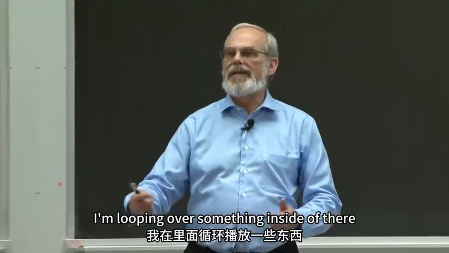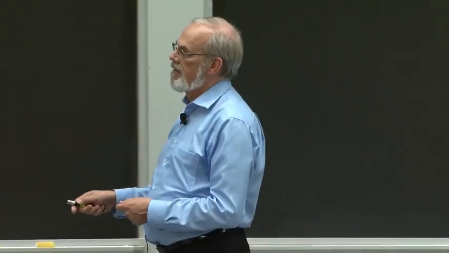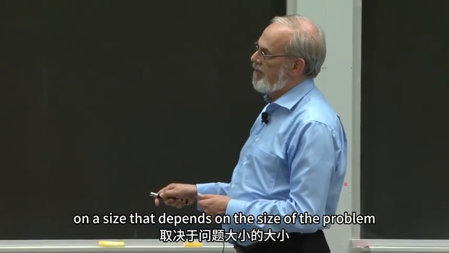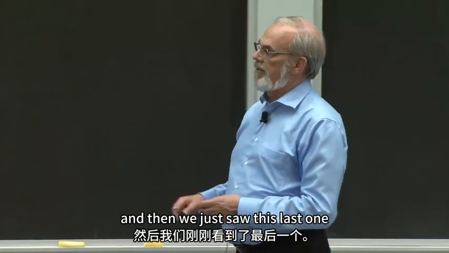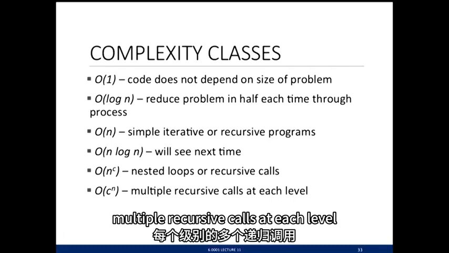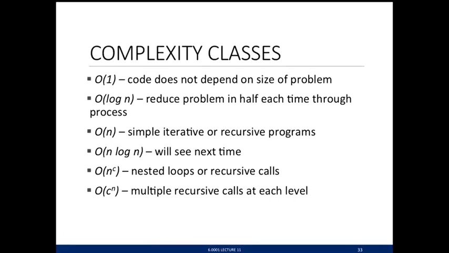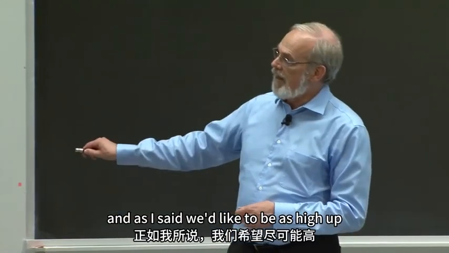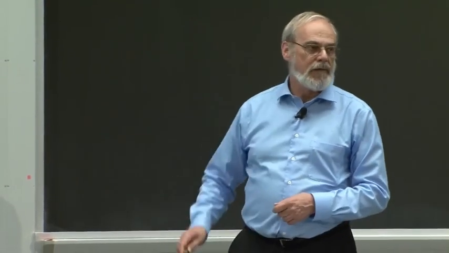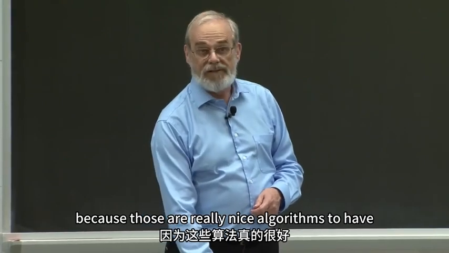I'm looping over something inside of there, I'm looping over something else on a size that depends on the size of the problem. And then we just saw this last one. Multiple recursive calls at each level tends to be characteristic of exponential. And as I said, we'd like to be as high up in this list as we can because those are really nice algorithms to have.